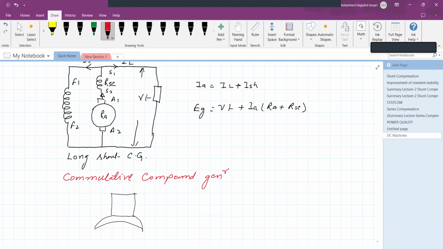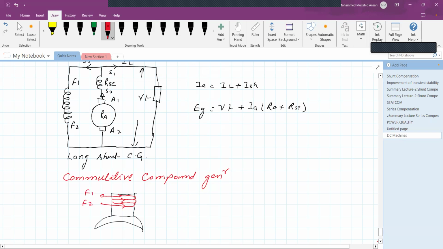Say, for example, this is the direction of the main winding, and this is the direction of current. So this is the field winding F1, F2, isn't it?